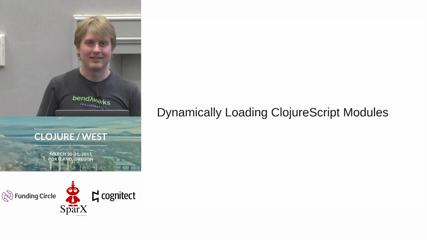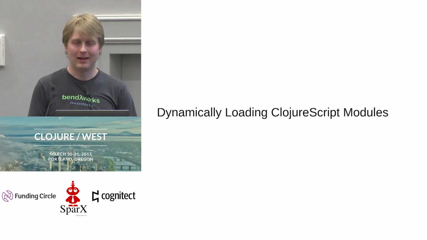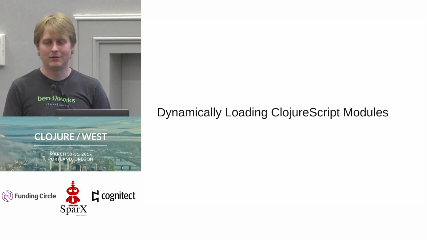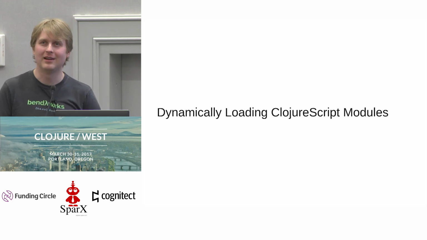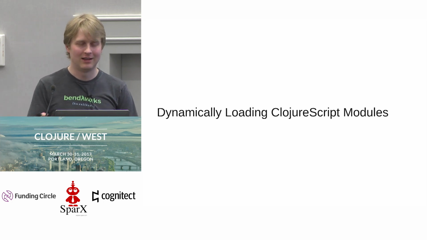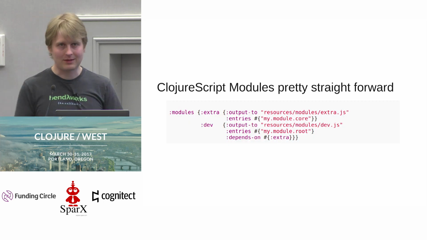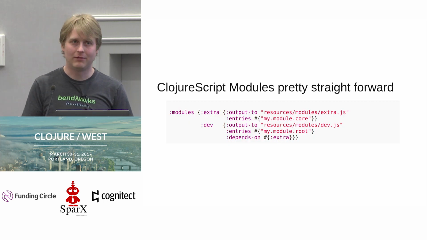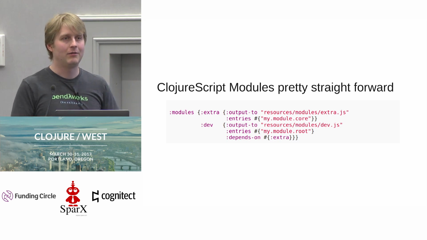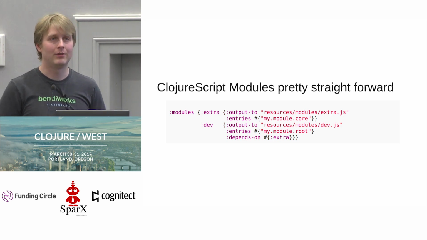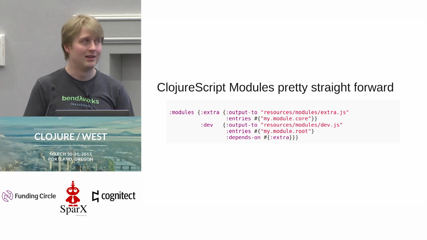And now that we've gone through the external JavaScript libraries and node modules, let's take a nice relaxing tour through the fire swamp of dynamically loading ClojureScript modules. ClojureScript modules are fairly straightforward to use. They've been around for at least 2 years now. We just say, here's the module name, and here's all the namespaces that we want inside of our module.